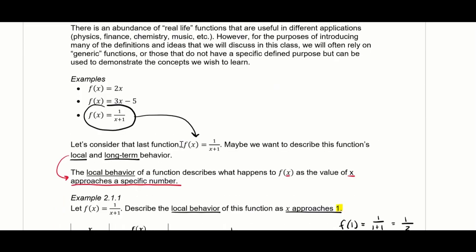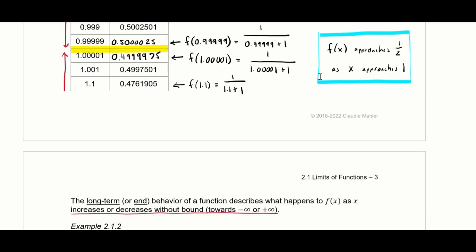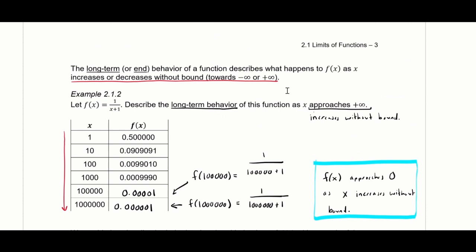to page 2/3. So we had this function f of x equals 1 over x plus 1. We talked about this local behavior, which was describing how the function behaves as x approaches a specific value. And we talked about this long-term behavior at the top of page 3 as the behavior of the function as x, the input, increases or decreases without bound, or in other words, as it tends toward positive or negative infinity.